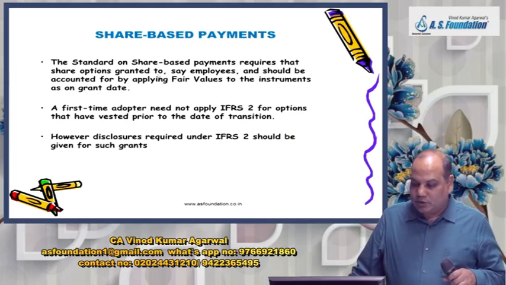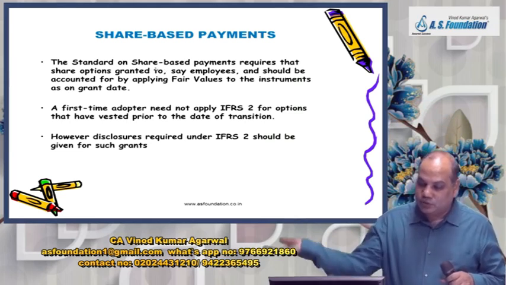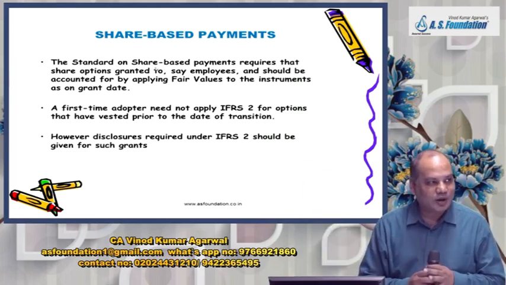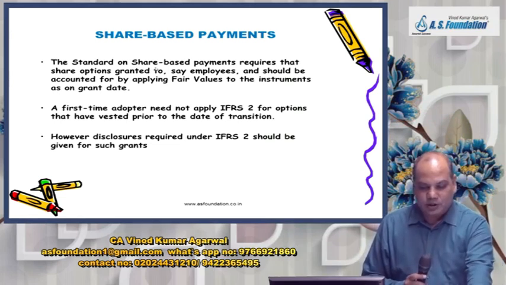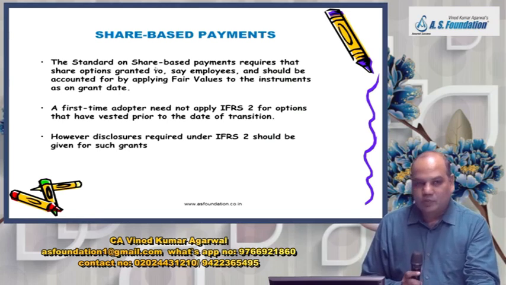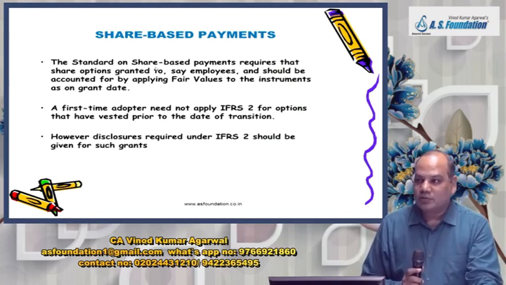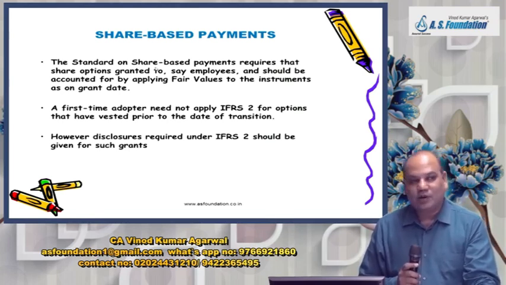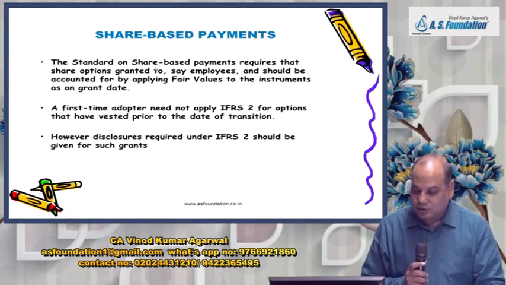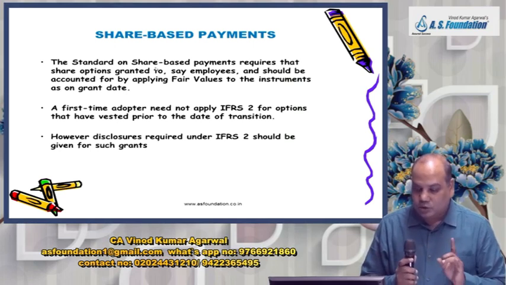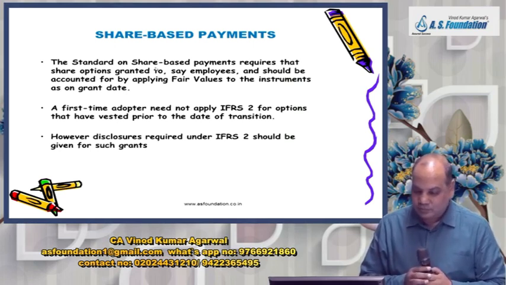Now again, understand the company may have issued a lot of share-based payment plans prior to the transition date. So what is the practical problem that will arise? If I have to apply with retrospective effect, I have to find out again the fair value of all such share-based payments outstanding. So what is your optional exemption here?